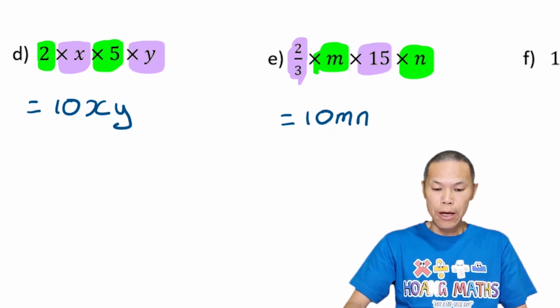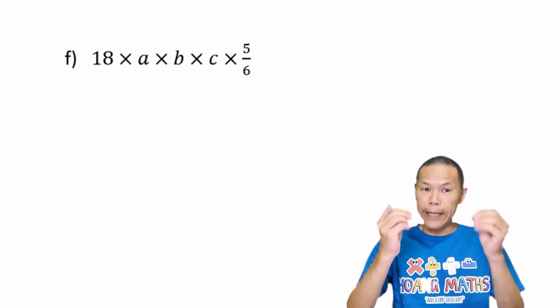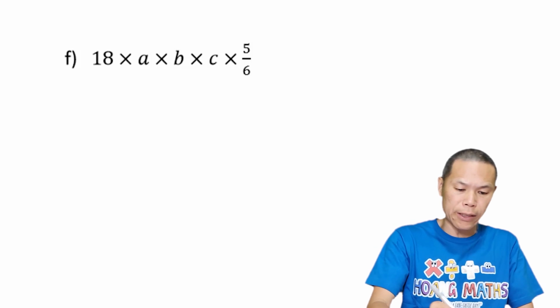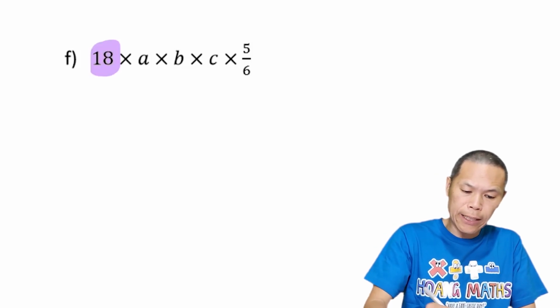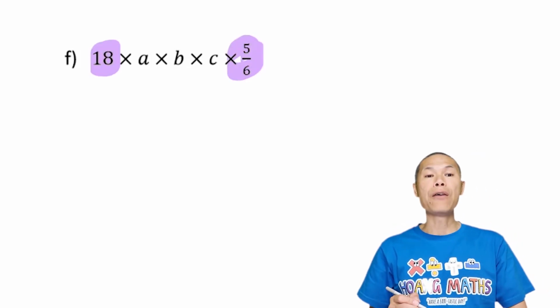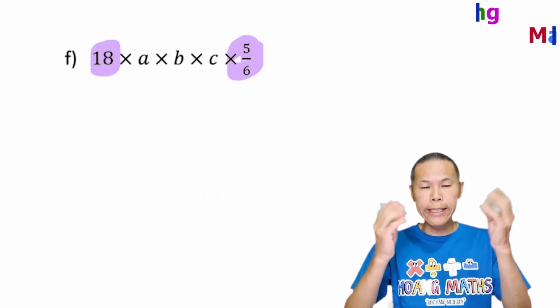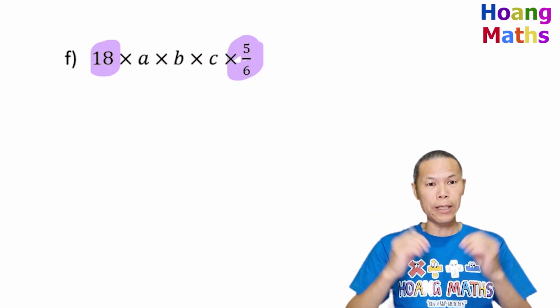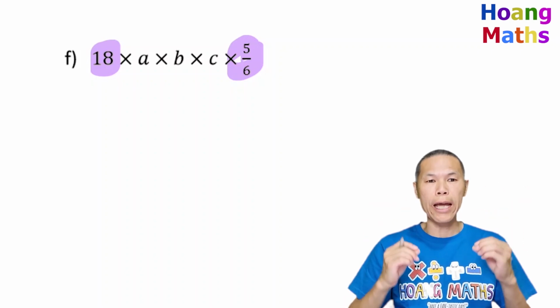There you go. Part F. Again, numbers we times together and letters we times with letters. So we have 18 times 5/6. So 18 divided by 6 is 3 and 3 times 5 is 15. Otherwise, we just put it on a calculator.